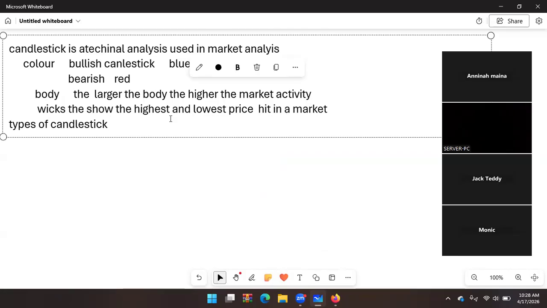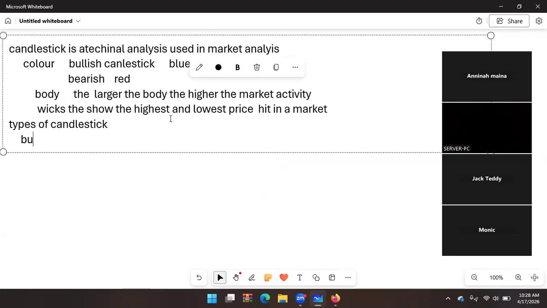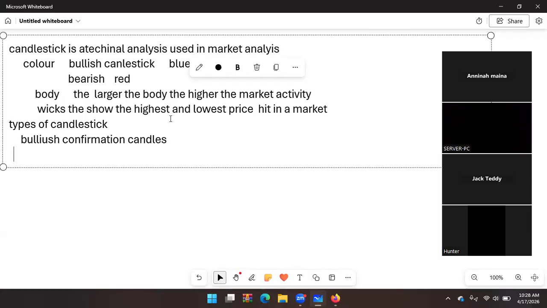Number one, we have the bullish confirmation candles. Number two, we have the bearish confirmation candles. So we can start with the bullish confirmation candles.